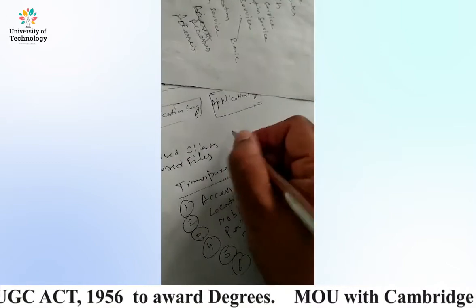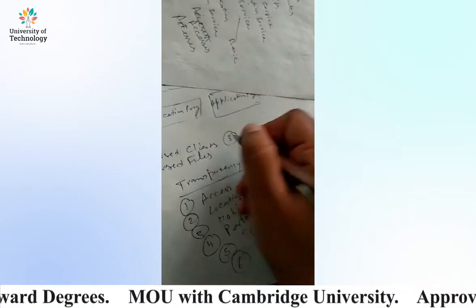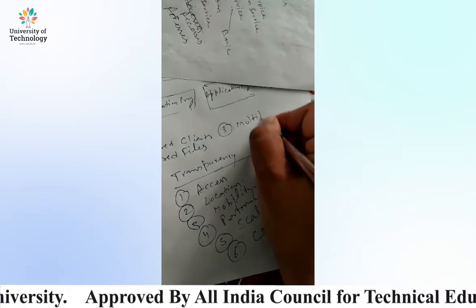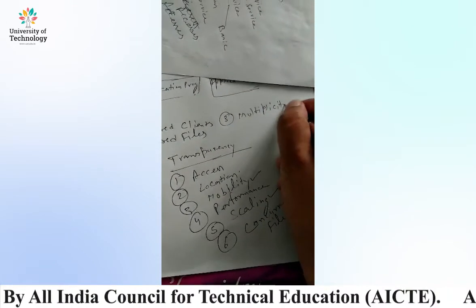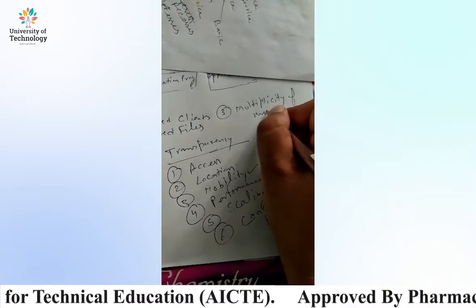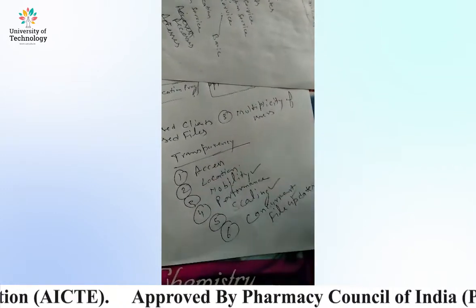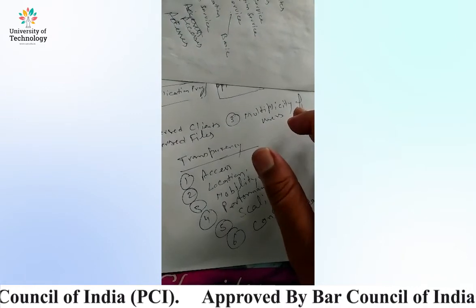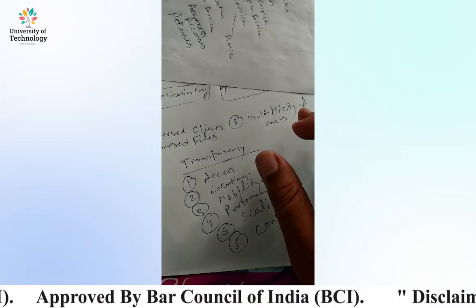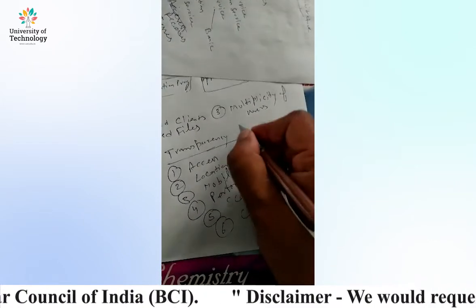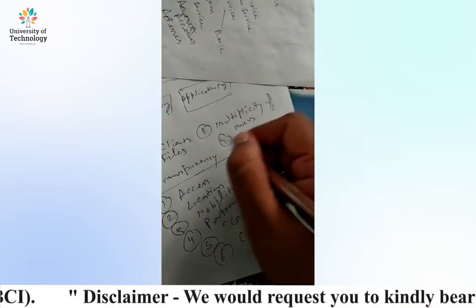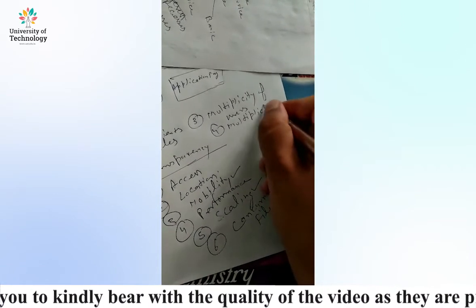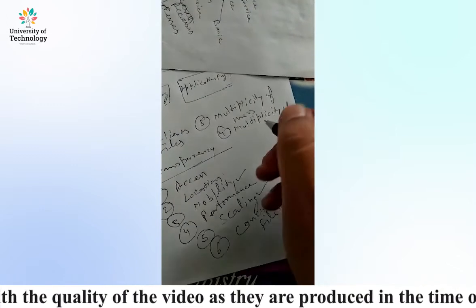Third point is multiplicity of users: concurrency transparency, desirable to support at the transaction level. And the fourth point is multiplicity of files.